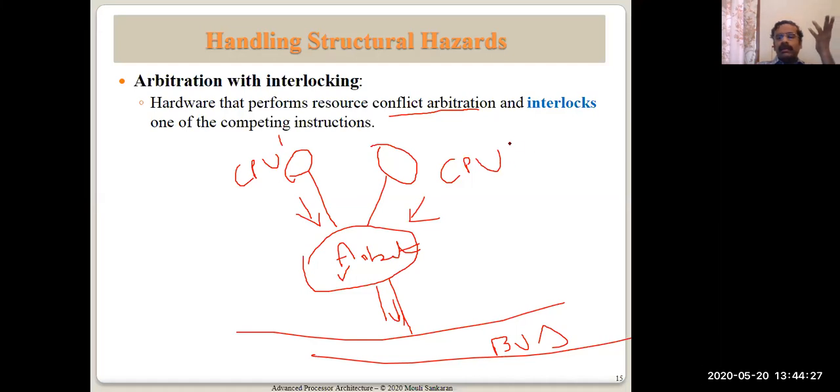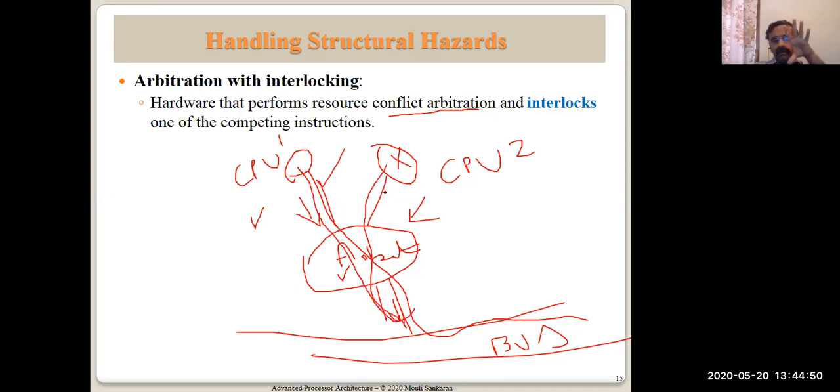Suppose this is CPU 1, this is CPU 2. The CPU ID with the lower number will be given a higher priority. Okay, some logic will be built into the hardware so that always when there is a conflict, the lower number will be given. That means this will be stopped. This will go further and access the bus, and it will relinquish the bus. Then the next fellow will be allowed. So it will be waiting.